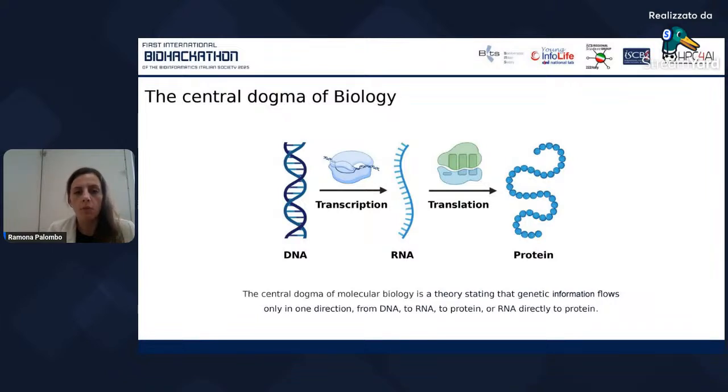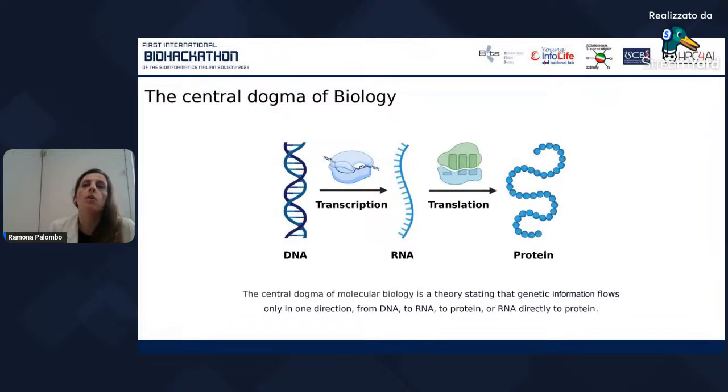If the central dogma says that the information flows only in one direction, we know that there are also some particular RNAs that don't encode for protein. There are examples of RNA that are similar to messenger RNA. For example, they could be polyadenylated and 5' capped, but they don't encode for protein.